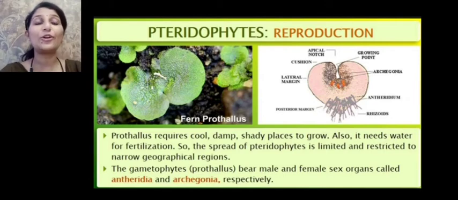So the spread of pteridophytes is limited and restricted to narrow geographical areas where it is damp or humid. Why? Because the gametophyte needs water for fertilization. The gametophyte bears the male and female sex organs called antheridia and archegonia.